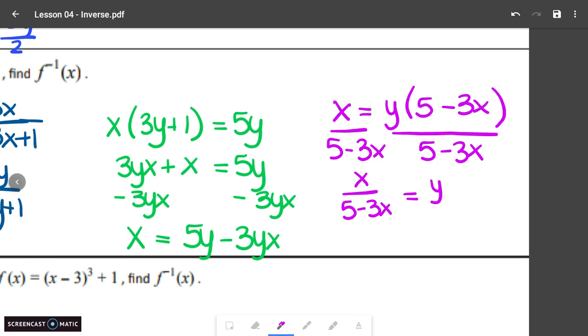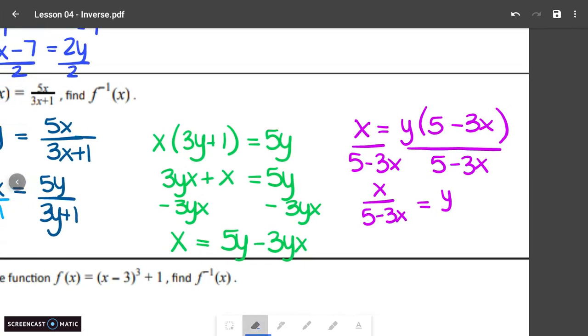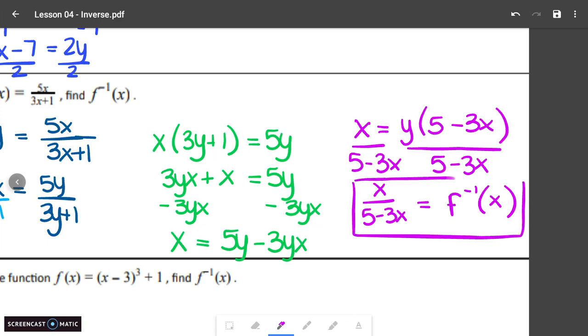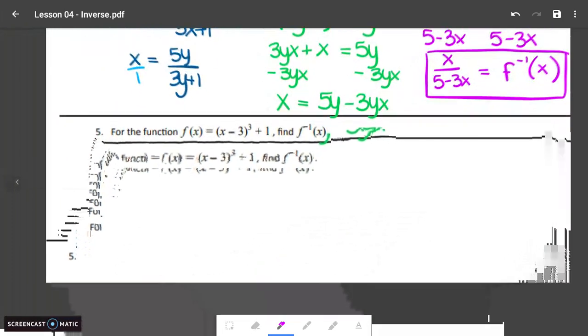And to finish it off, though, remember we don't want to leave it as y. We want to make sure it's in inverse notation. Okay? So basically this, as annoying as that really was, it's just to rewrite it. So you're just doing whatever you can to isolate that y value. Okay? We got one more left for today.